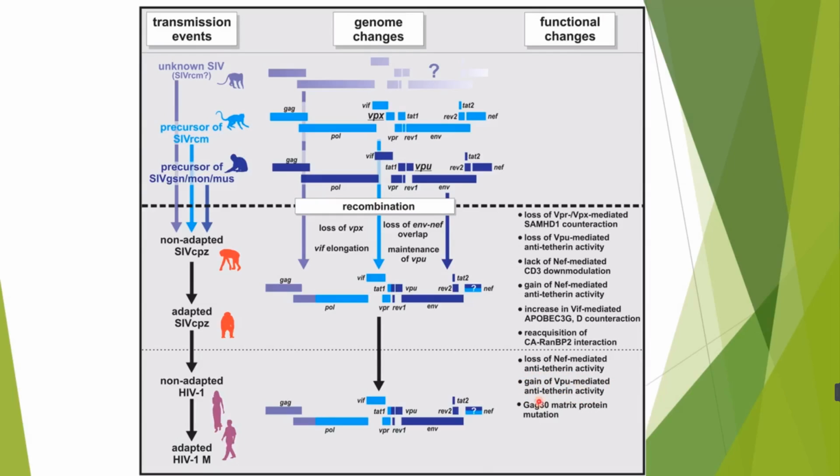So this mutation, VPU, and to a limited extent NEF, but it's still important because NEF, although it's no longer an anti-tetherin molecule, does in fact help with the infectivity process in the early stages. It's going to start to erase out all the CD4 markers, MHC1 and MHC2 molecules in order for these cells to no longer be functional.